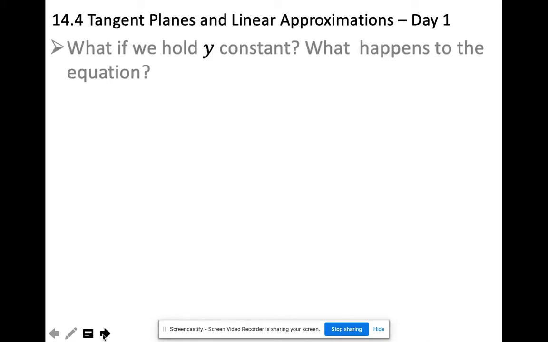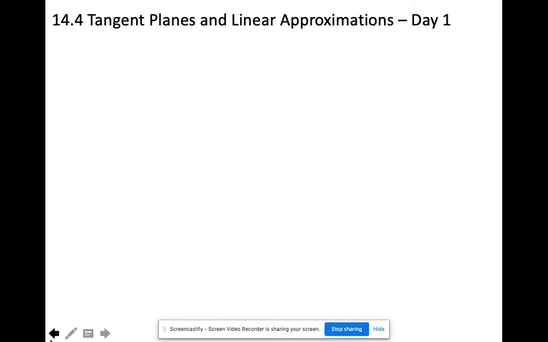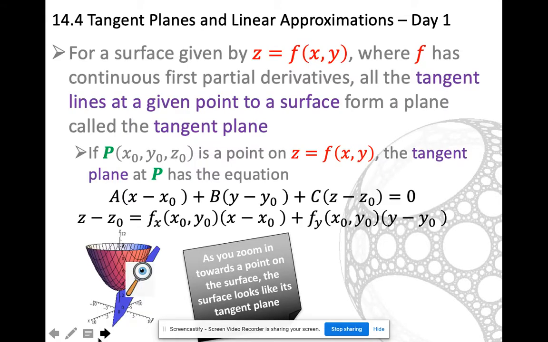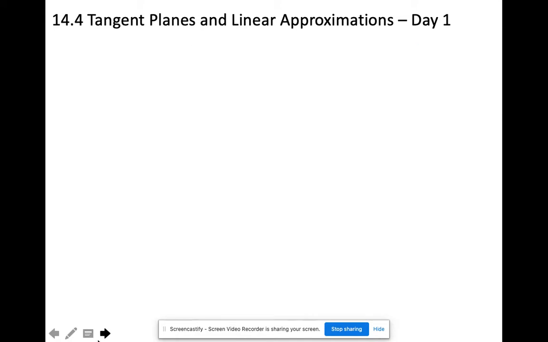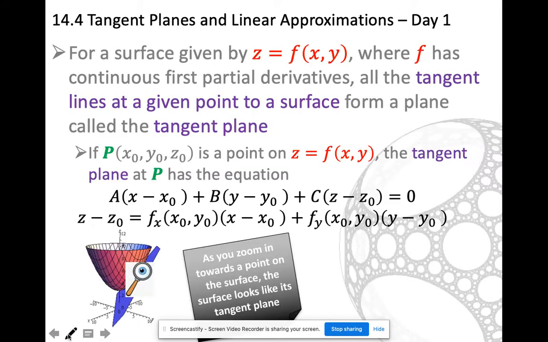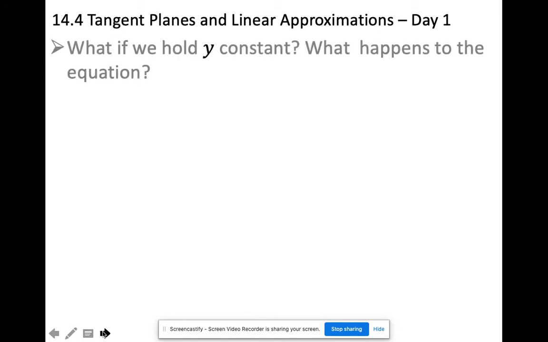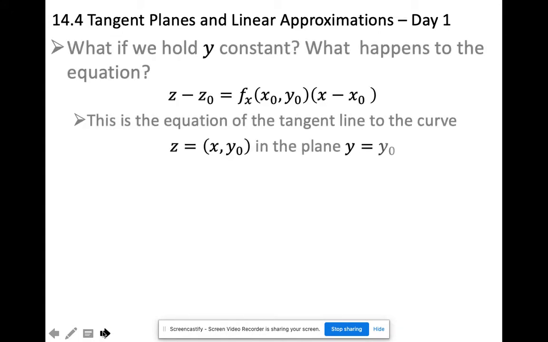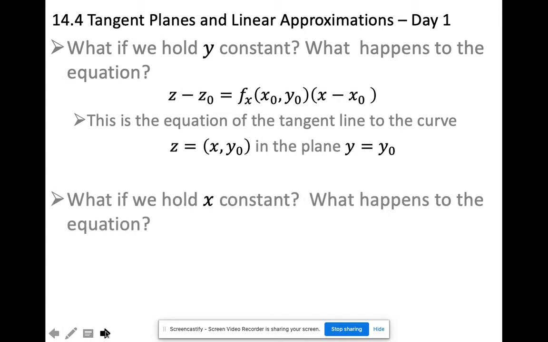Next, this is what I was just showing you. What happens to the equation? There's the equation of the tangent line to the curve in the constant plane where y is held constant as the y coordinate of the point of tangency.